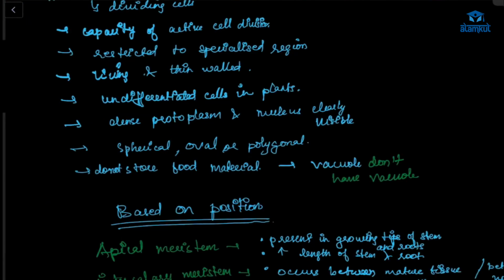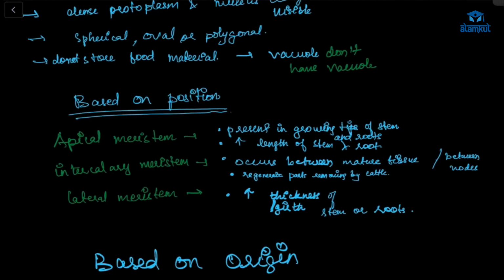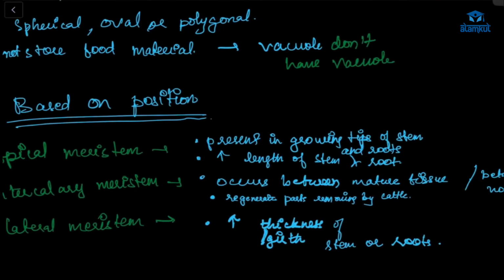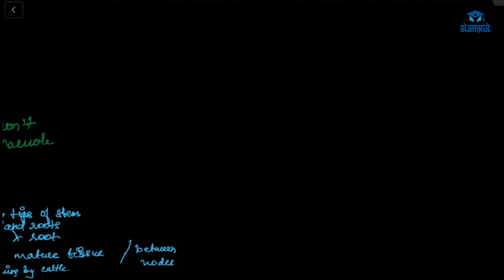Shazan, based on the position, tell me. Based on the position, meristematic tissues are divided into three, and you have to tell about their functions. I didn't understand the question you asked.